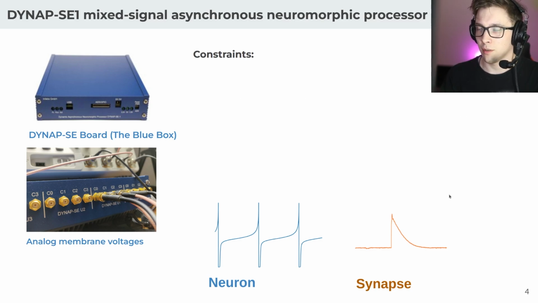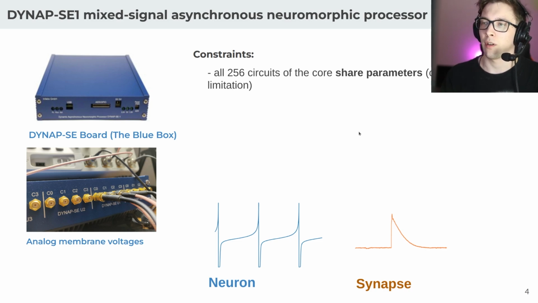Those were the features, but there are also some constraints when working with DYNAP-SE1 chips. Because of area limitations, all of the 256 neurons of a single core share the parameters. So when you're setting some parameter, namely the time constant or the synaptic weight, it has to be shared between the neurons of the entire core, which means that you are effectively setting the mean for some distribution of parameters.